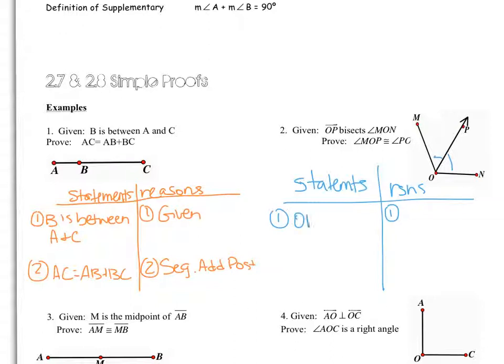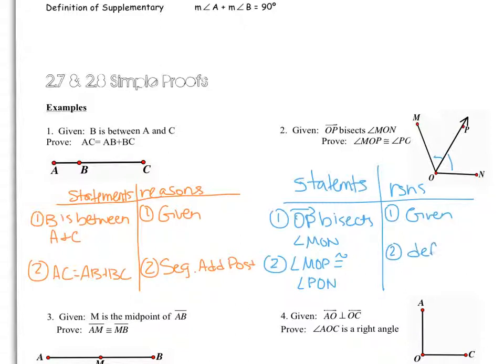Okay, OP bisects angle MON. Well, bisect tells us that angle MOP is congruent to angle PON because of the definition of angle bisector. The angle bisector definition tells us that it cuts those both in half.